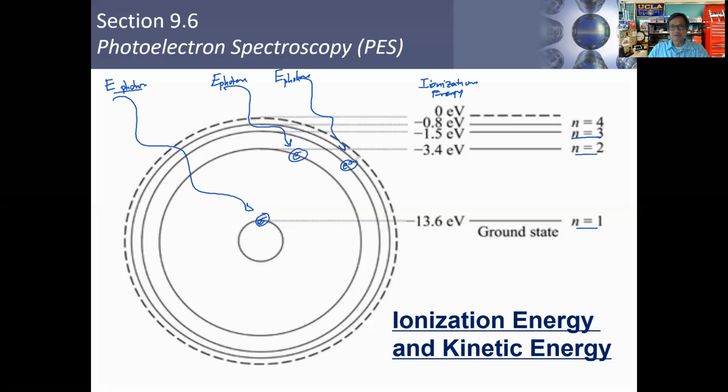The electron furthest out, at energy level 3, only has about 1.5 electron volts, so you would need 1.5 electron volts to remove this electron. If the photon here were, let's just arbitrarily say, 15 electron volts, remember that helium gives you about 20 electron volts.